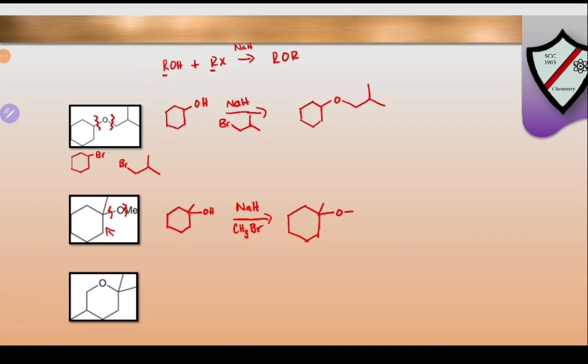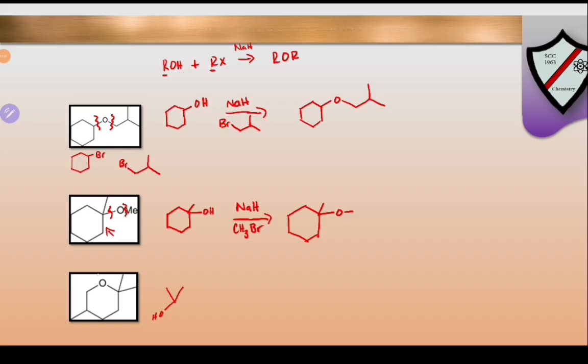And how about this final molecule here? How can we provide this molecule with maybe just one simple starting point? If you notice, I have a ring in this molecule. So if I draw something with just an alcohol on one end and an alkyl halide on the other end, maybe something like this.